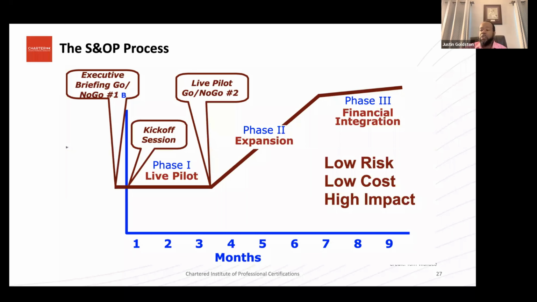And once all decision makers of the organization come to an agreement that we can indeed move forward with this process, then you would go to a consulting firm, or you can do it internally, and you would have a kickoff session. So that's where all executives and the third party, if you use a third party, would come together to discuss this process, the steps that take place in this process, the resources that are needed to successfully implement an S&OP process.